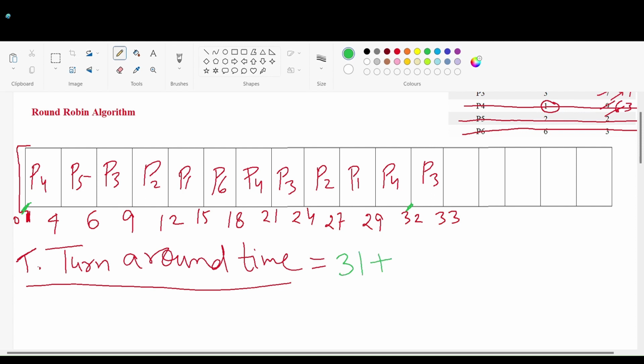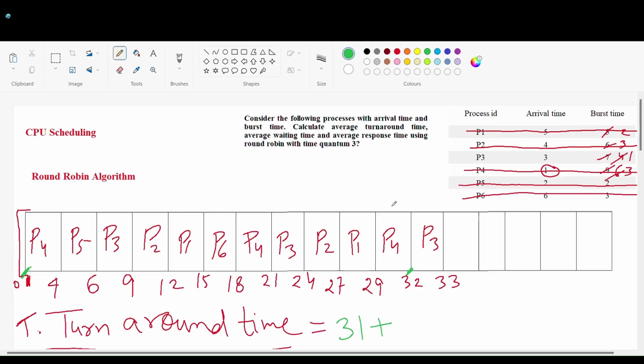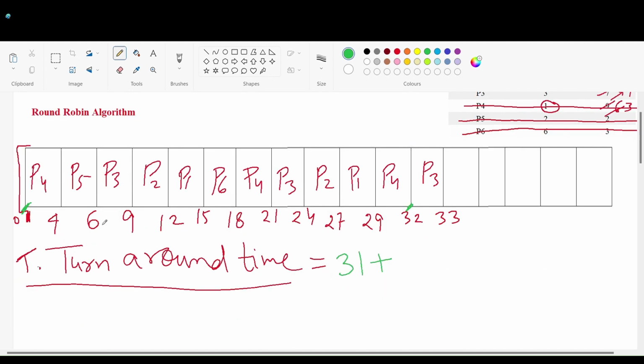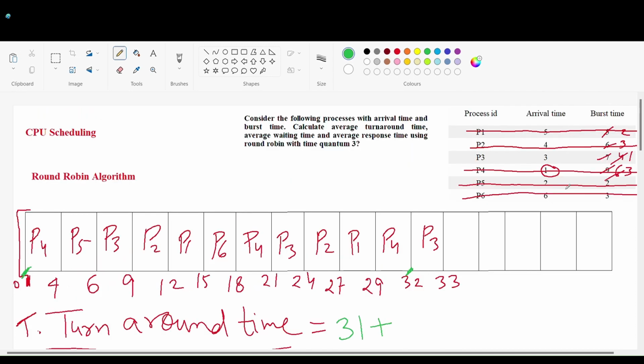31 plus P5, sorry. P5 enters into the system at 2. Remember, this is the arrival time. P5 exits from the system at 6.